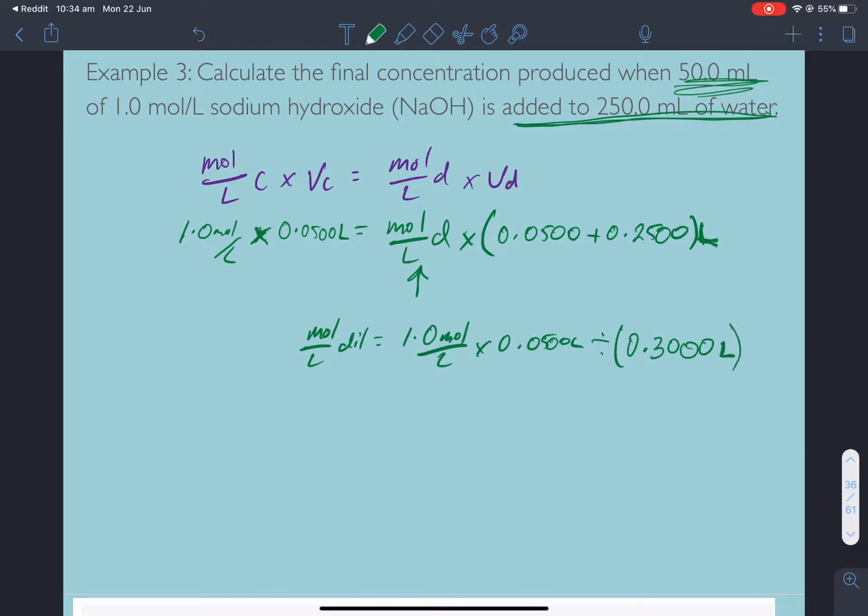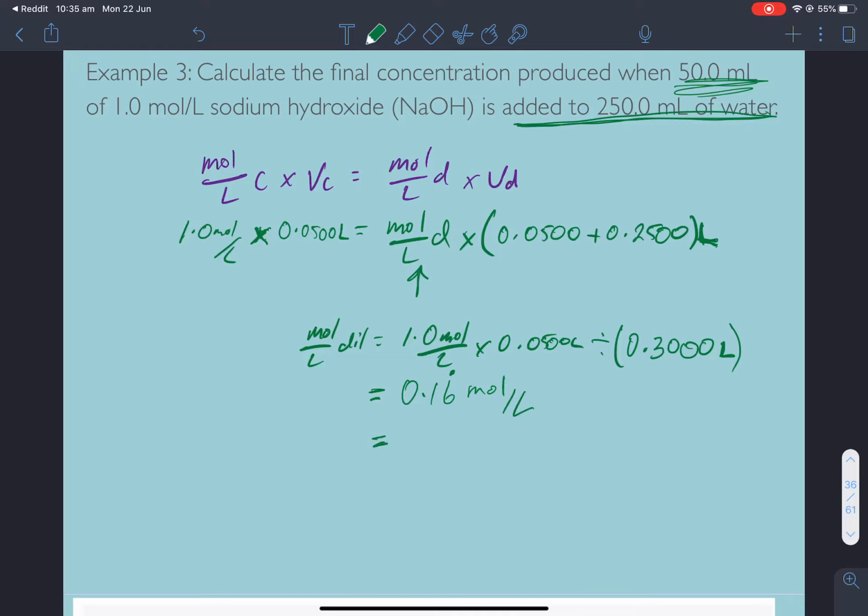I don't need that bracket around there. Superfluous bracket. Okay. 1 times something is just itself, 0.05 divided by 0.3, okay, is going to give me 0.16 repeating. That's a familiar number. We had that in the last problem, didn't we? Moles per litre. Okay, that's what the calculator spat back at me.